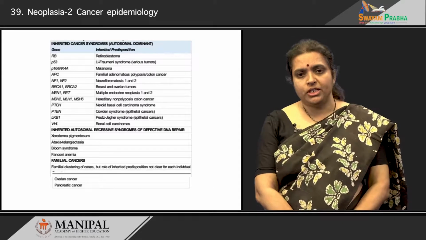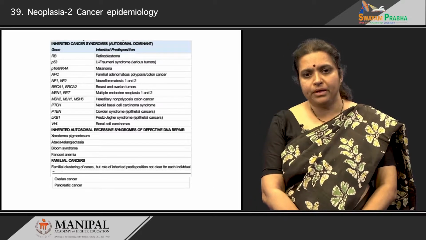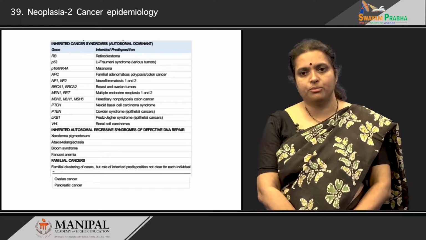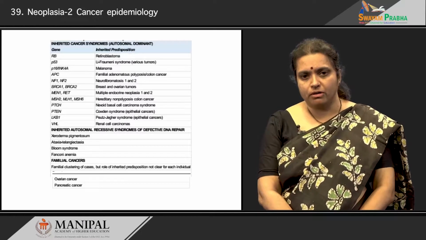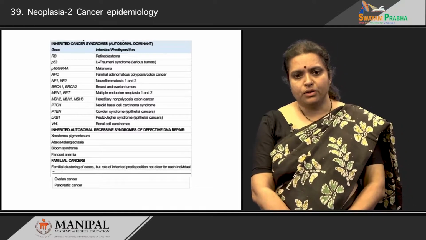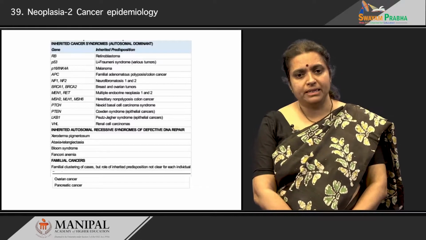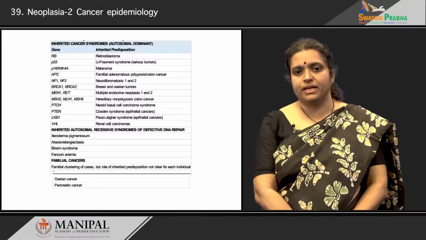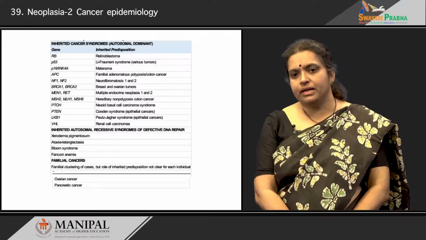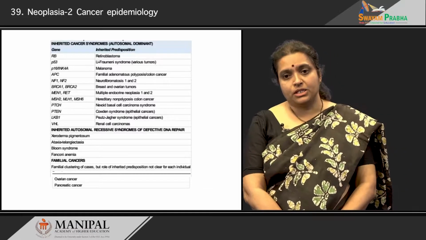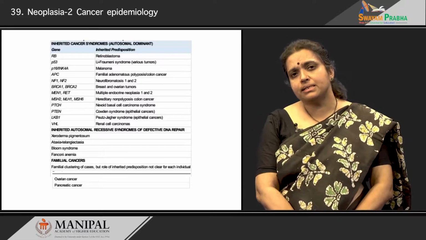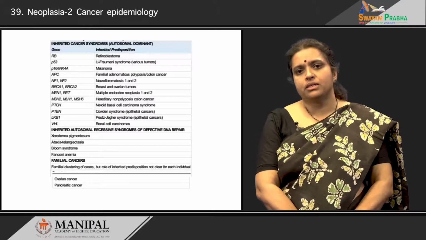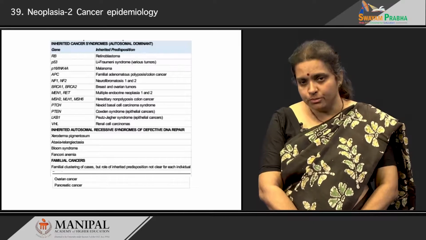The APC gene leading on to FAP, or familial adenomatous polyposis coli, colon cancer, and so on. And you have familial cancer, where there is familial clustering of cases, but the role of inherited predisposition is not clear. So, these are some of the established cancer syndromes.